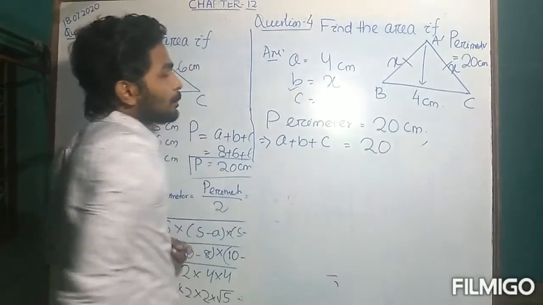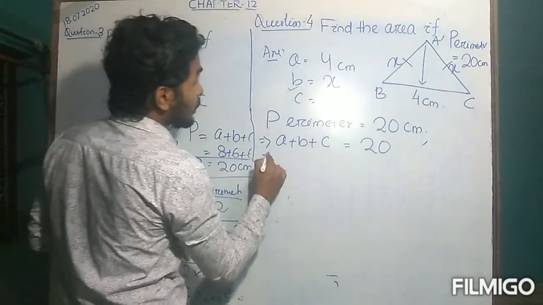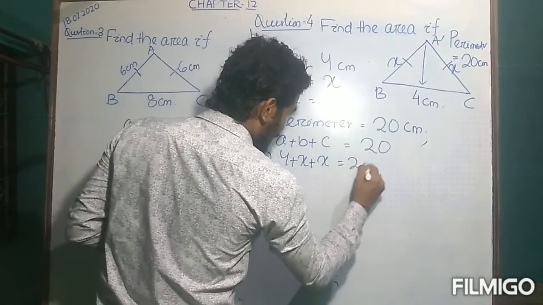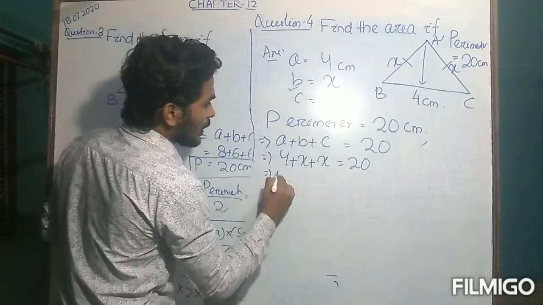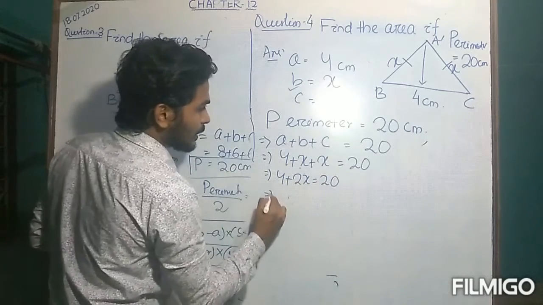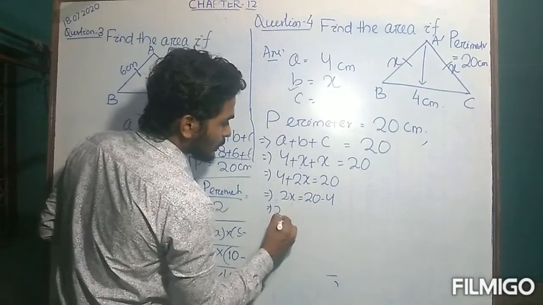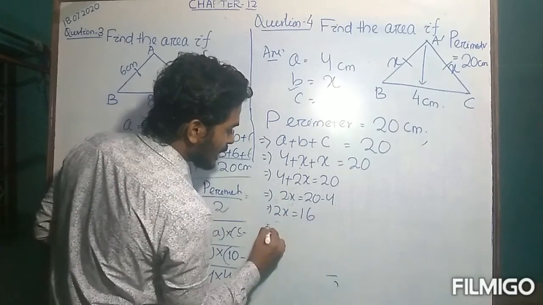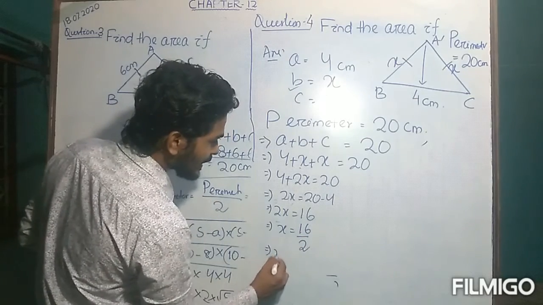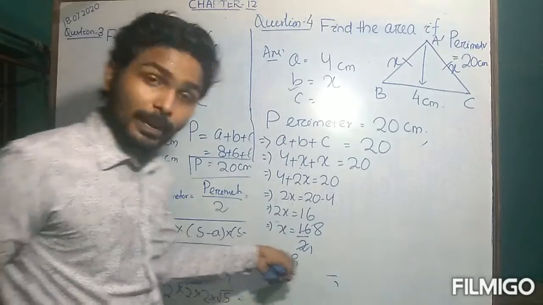I have taken b as x, so c is also x. So a is 4, b is x, c is x, that is 20. 4 plus 2x is equal to 20. So 2x is equal to 20 minus 4, so 2x is equal to 16, implies x is equal to 16 by 2, that is x is equal to 8. Clear?